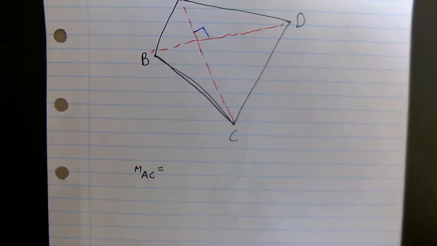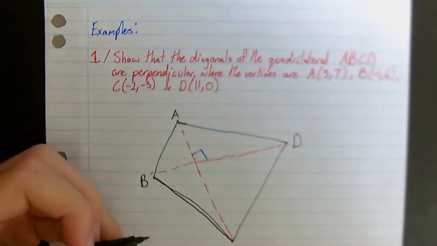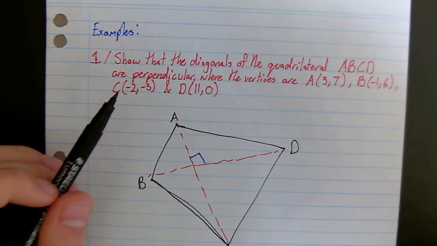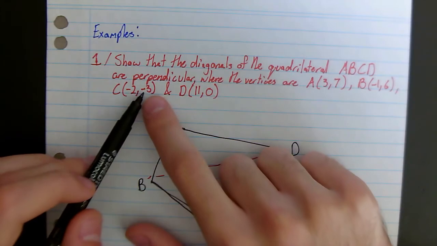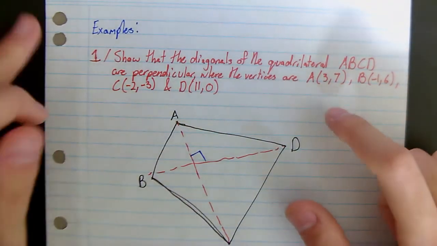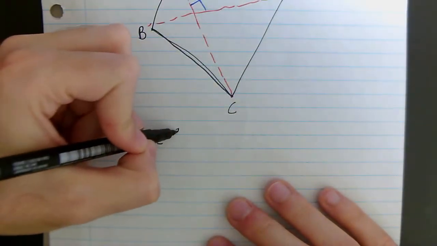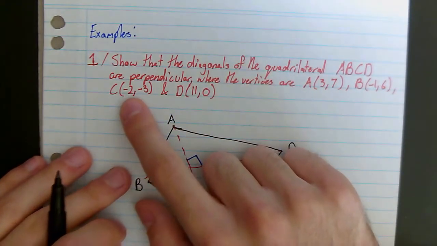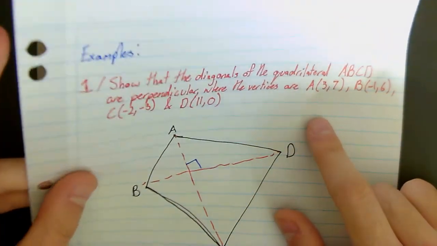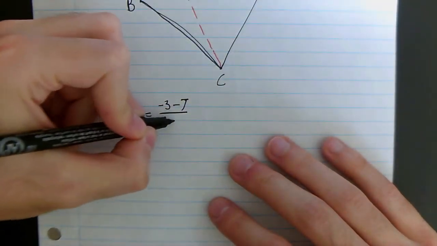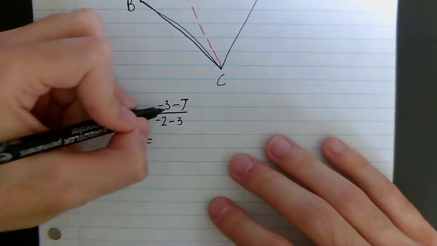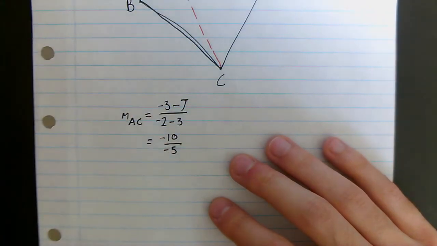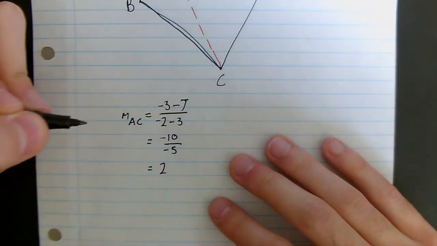So if we consider AC, we've got y2 minus y1, which is negative 3 minus 7, over x2 minus x1, which is negative 2 minus 3. Negative 3 minus 7 is minus 10, over minus 2 minus 3, which is minus 5. And that simplifies to positive 2.